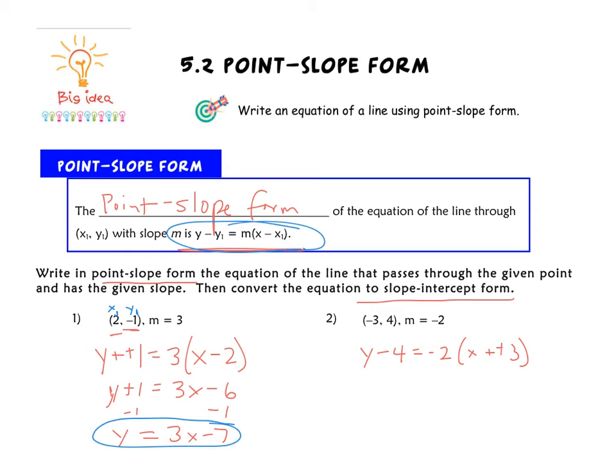Now I am going to distribute, so y minus 4 equal to negative 2x minus 6. I'm going to add the 4 to both sides, and when I do that, I get y equals negative 2x minus 2. And now my equation is in slope-intercept form.